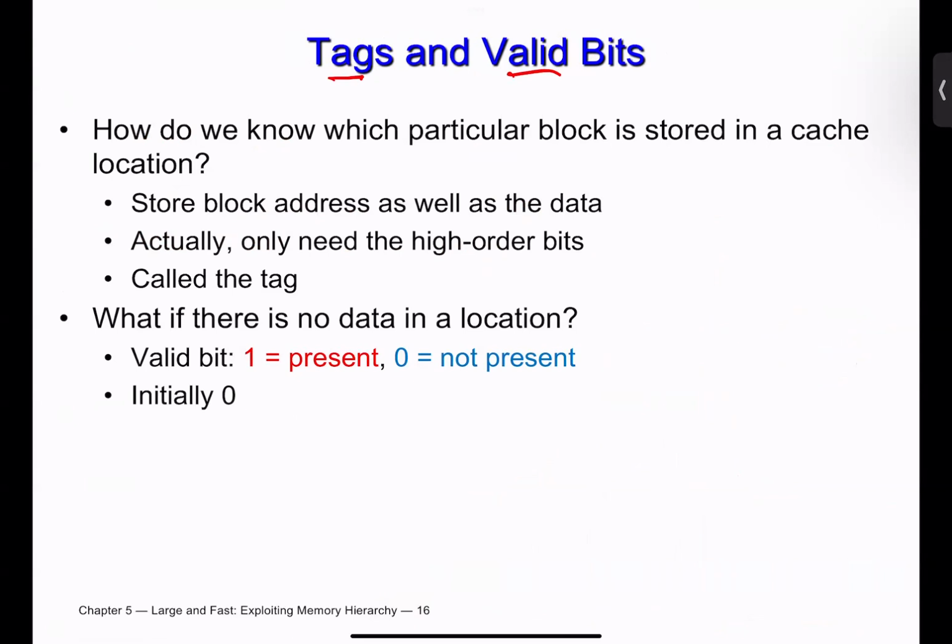The tag is, as we have explained, just the extra bits that we need to specify a particular student from all the students sharing the same spot. And the valid bit indicates whether this is valid or not. 1, for instance, would be present. 0 is not present, as an example.